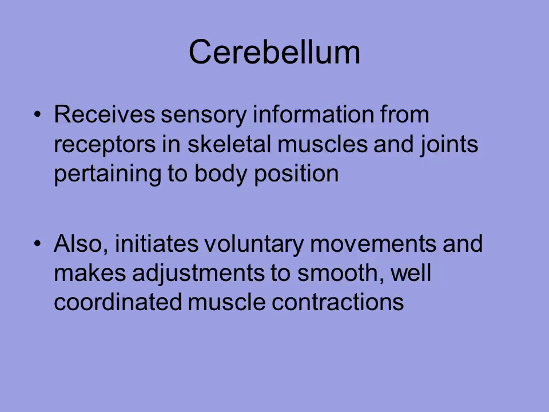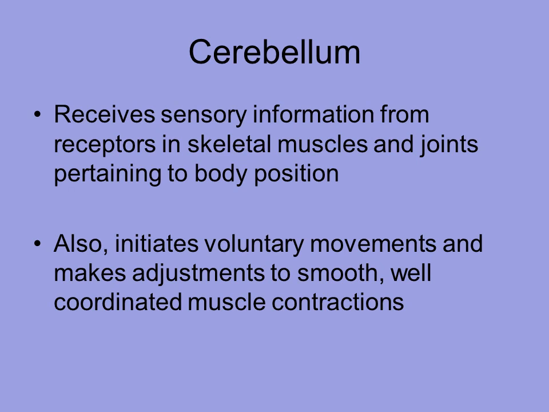So, the cerebellum is receiving information from sensory. It also is very important in helping to regulate or with your perception of your orientation. So it's getting information from skeletal muscles and joints that's allowing you to be able then to interpret, am I standing up straight?